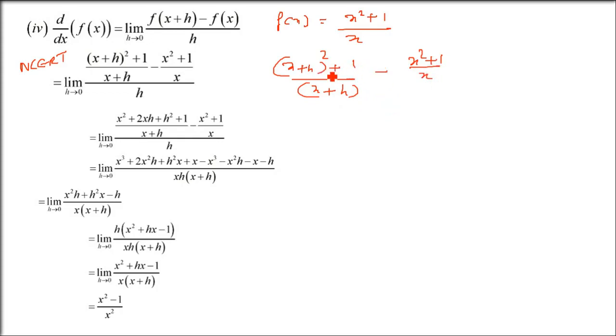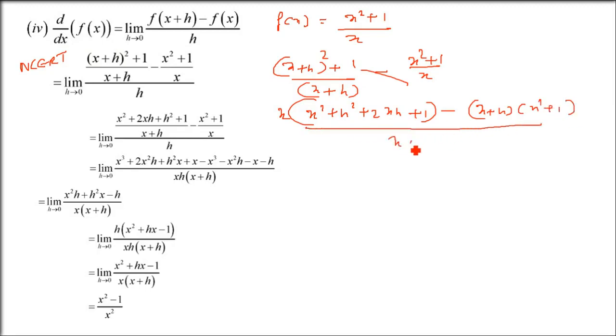Now the best thing is to open this (x plus h) whole square using the a square plus b square plus 2ab formula: x square plus h square plus 2hx, and then plus 1 also. Now taking the LCM, minus (x square plus 1) into (x plus h).